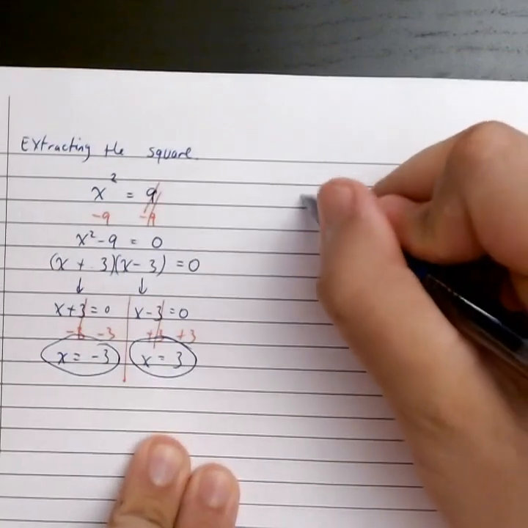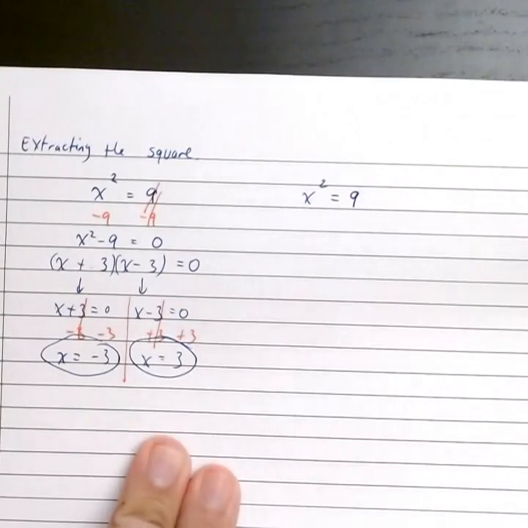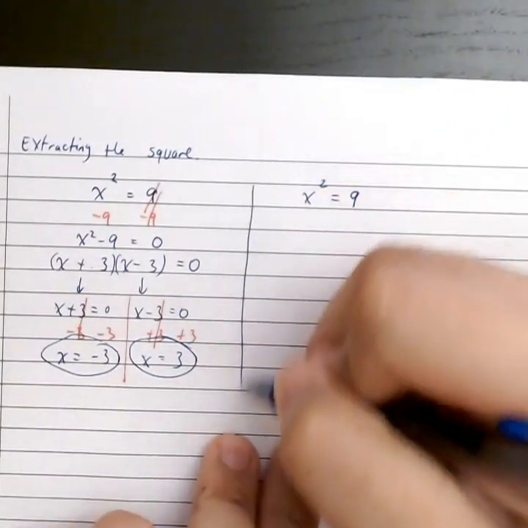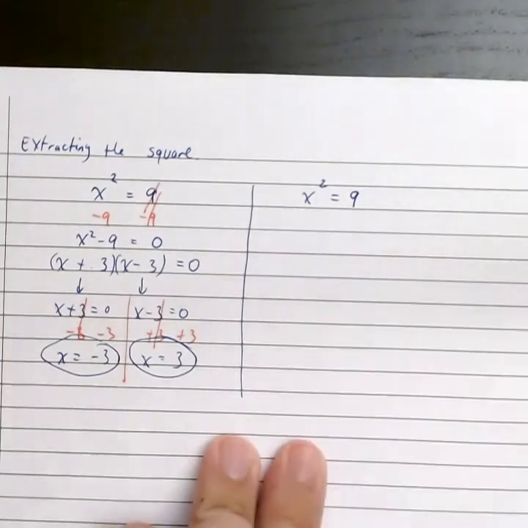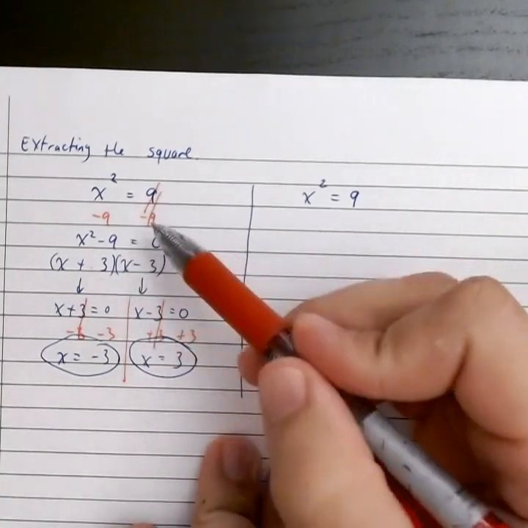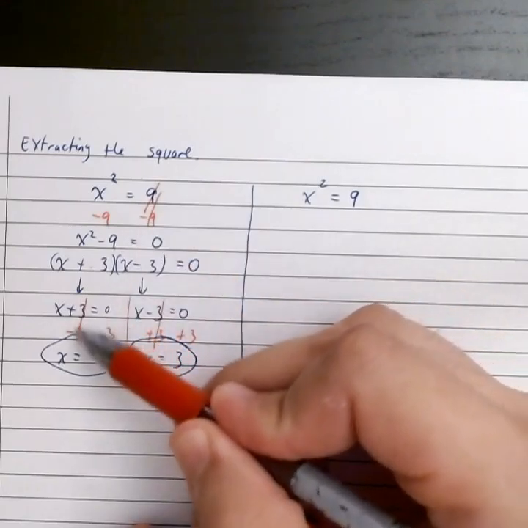Let's take a look at that same problem with a different technique. This is called extracting the square. I have x squared, but I don't want x squared. I want just x. Well, whenever I want to get rid of something, I use its opposite. To get rid of addition, I use subtraction. Here, this plus, I get rid of it using a minus.